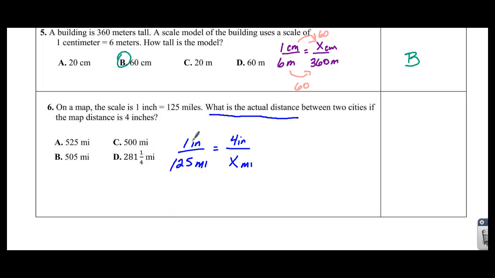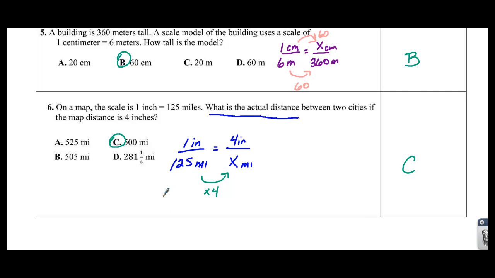Actual distance. Well, 1 times 4 is 4. So what's 125 times 4? That's what we're going to do here. We're going to multiply 125 times 4, and 125 times 4 is 500.